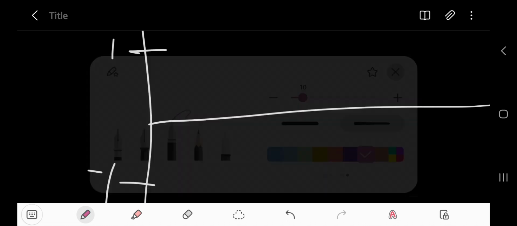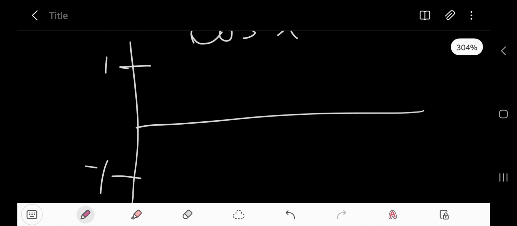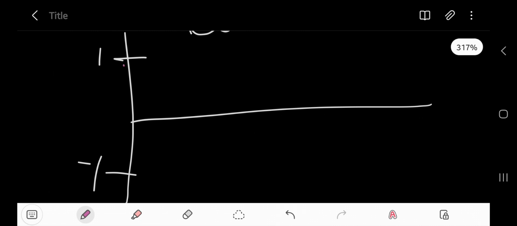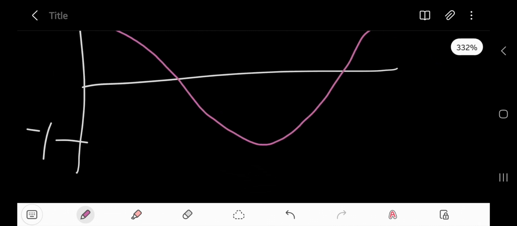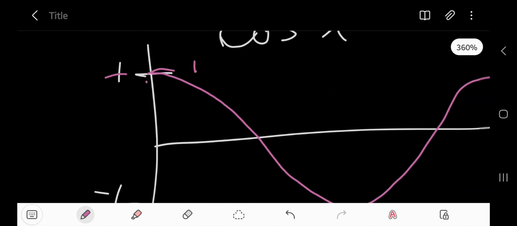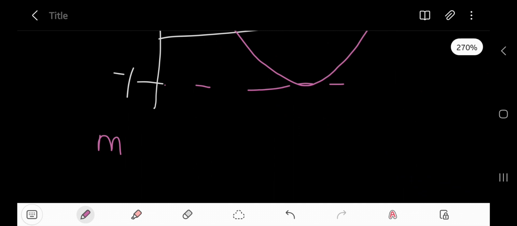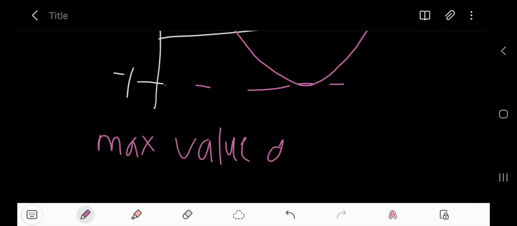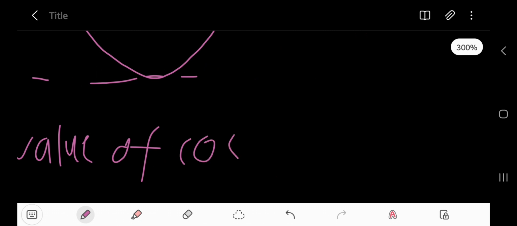Let's use something pink, to accommodate the other gender. So it looks something like this. The mother graph is like this. So when you know the mother graph, you're sorted. So now we know that the max value of cos x is equal to 1.